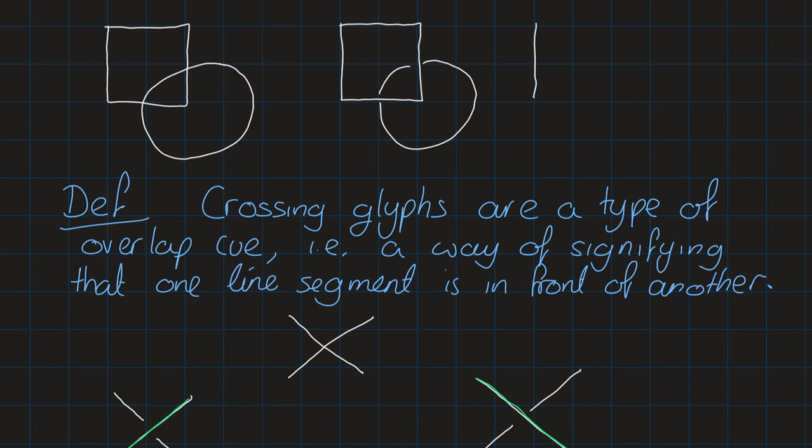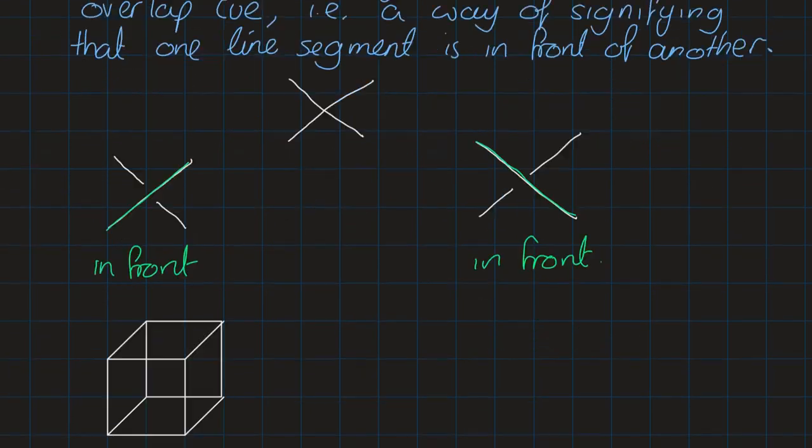And if you wanted to put the circle in front of the square, then you should probably draw the circle first, and then you draw the square, like that. Okay, so this is crossing glyphs. It's just a way of conveying to the reader that something is in front of something else. So you have your central projection, you have your parallel projection image, and then you augment it ever so slightly.